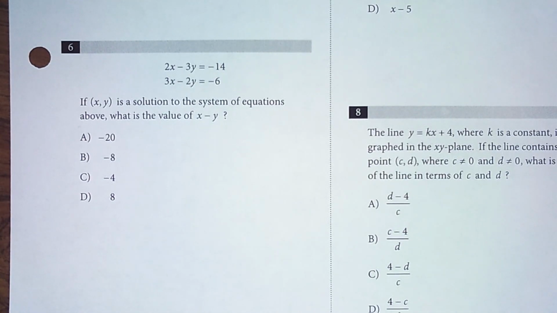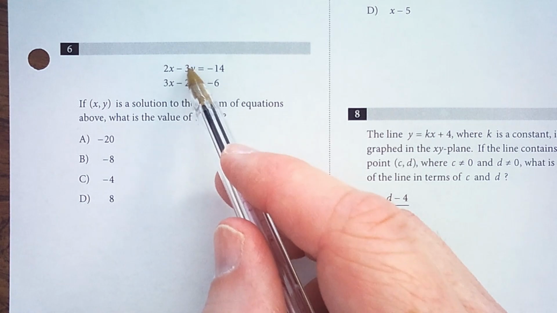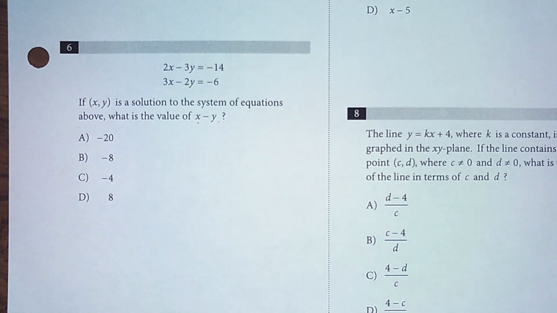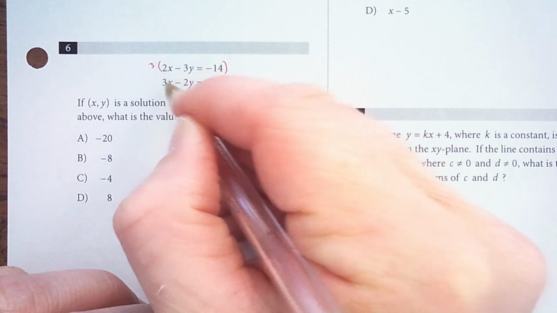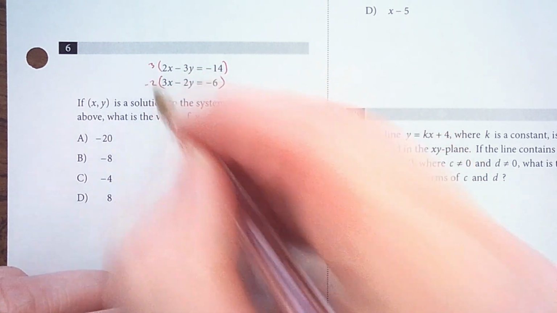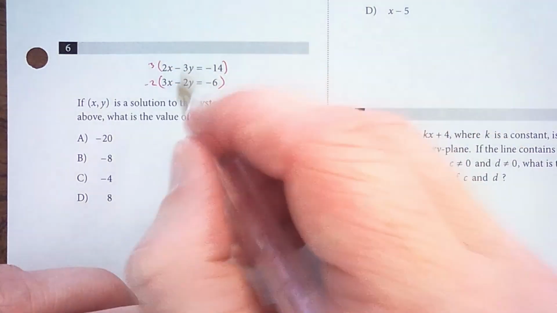Number 6, we want to find the value of x minus y in this system of equations. To solve this system of equations, what I will do is multiply this top equation here by 3 and this one by -2, and by doing that I will be able to cancel out the x's.